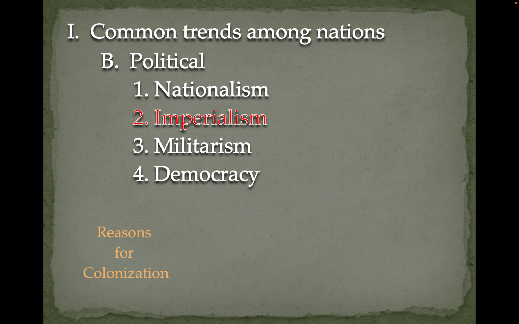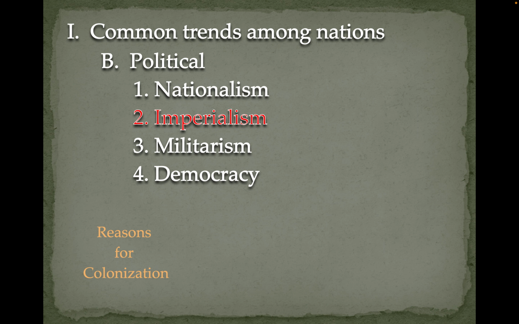Every country had different reasons for engaging in imperialism, but one of the biggest reasons, and one of the reasons that's always going to be a thing, is natural resources. And this is in part connected to industrialization.